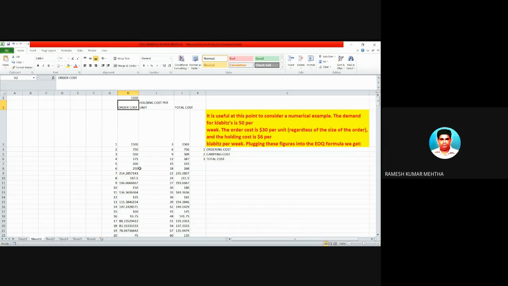Now this is the number of units I am ordering, or units ordered. Okay, if I am making a call to my vendor and telling them to send me an order of only 1 unit, the ordering cost is 1500.